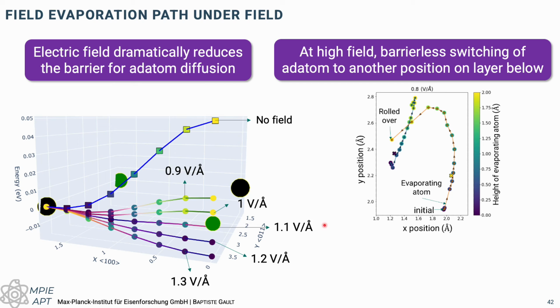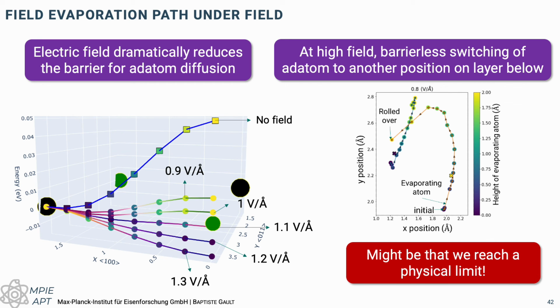However, there's also a very strong decrease in the energy barrier for surface migration, and this is an example where before the field is reached that would allow for field evaporation, the lithium atoms become free and can start to move around to another site on the surface before leaving. And this happens at much lower fields than what you would need to remove the atom from its current site. So this is going to happen. So we are really hitting a physical limit for the analysis of lithium.